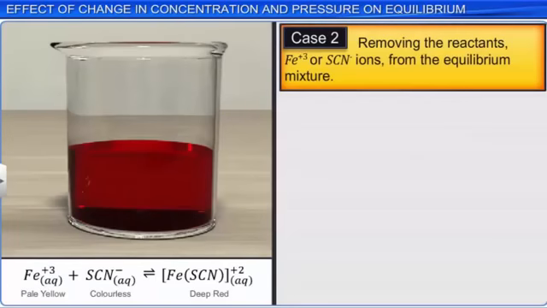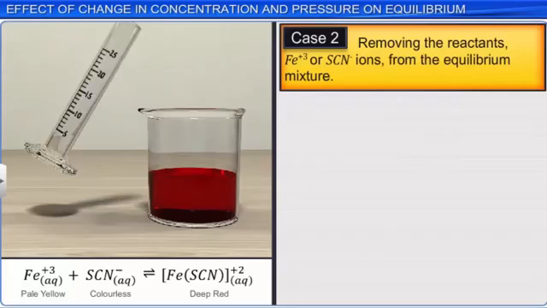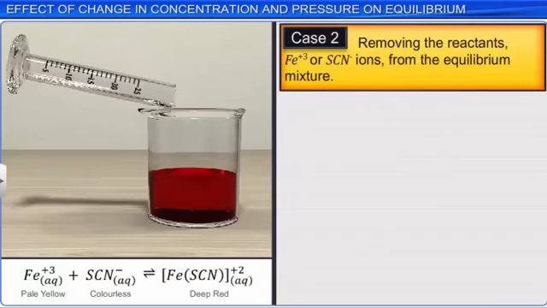Case 2. Removing the reactants Fe+3 or SCN- ions from the equilibrium mixture. Now, suppose you add a few ml of oxalic acid to the reaction mixture at equilibrium.